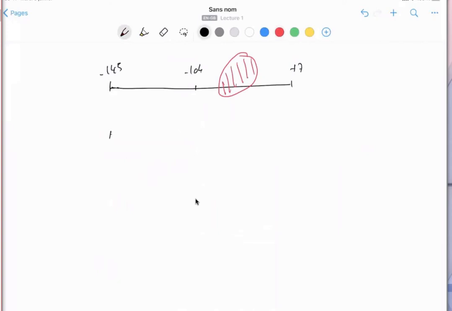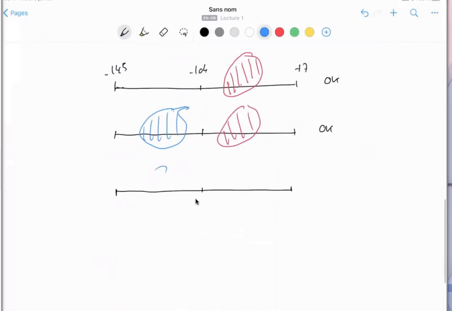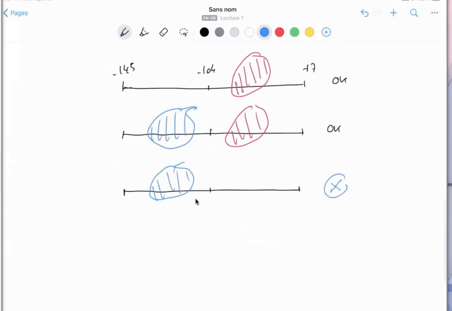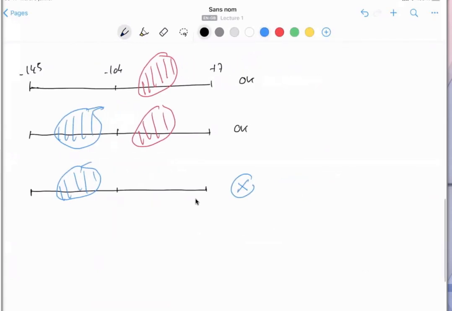And we can have also a situation where the red is there, and in that case, you can have a blue. Okay, so this is okay, but we can never be in that situation alone. Impossible.